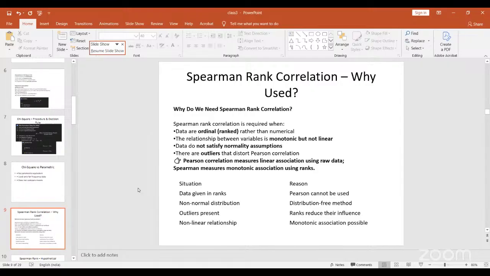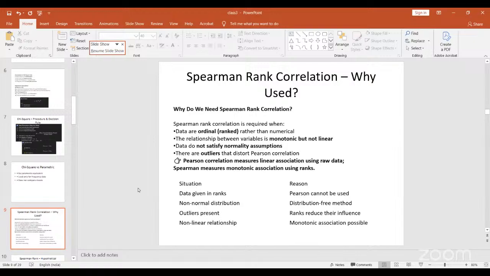So this is Spearman rank correlation. Spearman rank correlation is a non-parametric test used to measure the strength and the direction of the association between two variables. Unlike the most common Pearson correlation in parametric, here we are dealing with Spearman rank correlation.